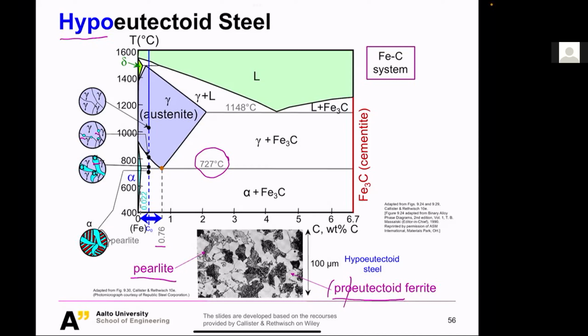So remember, pearlite is not a solid solution. Pearlite is a mixture of two phases, alpha and cementite. But because they have such a fine microstructure and are so common, we gave it a name and even called them a phase. So pearlite, you will often see, what is your phase? It's pearlite. Is it a phase?